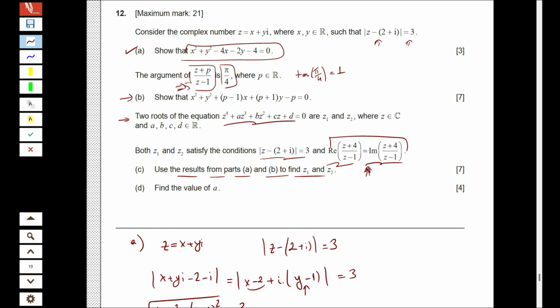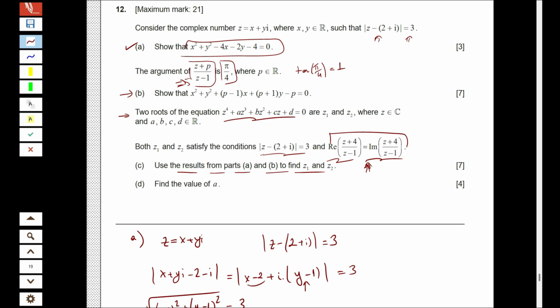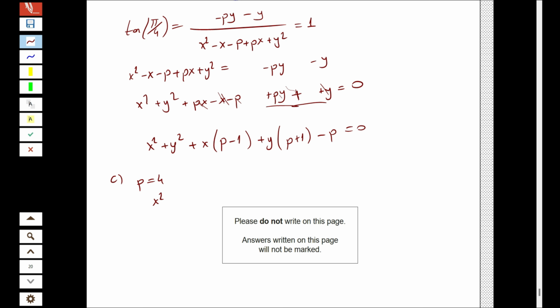Because of this, P needs to be 4. So when we plug in for P in this equation, we can write x squared plus y squared plus 3x plus 5y minus 4 equals 0.